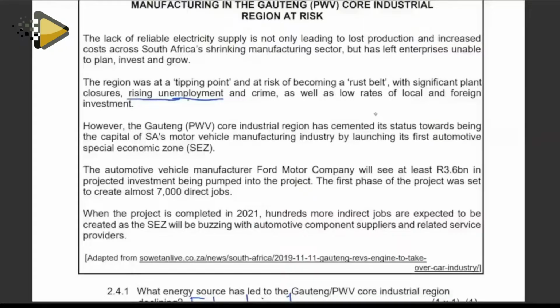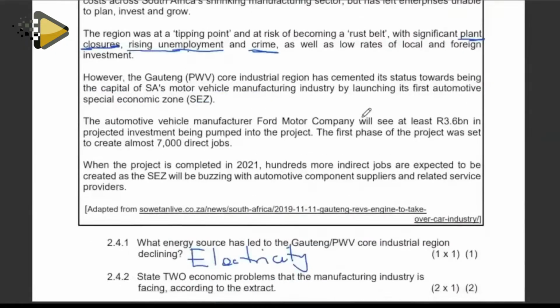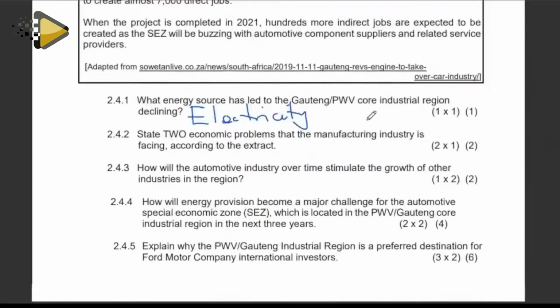Then there are plant closures, which is another factor. So there are plant closures, rising unemployment, and also we have a problem of crime. It's another typical problem. If we check on those three, they qualify to be part of the problems faced by the industries in the Gauteng PWV.